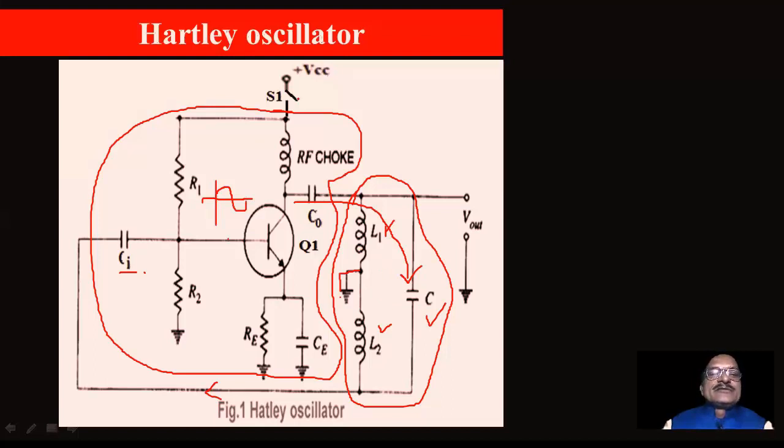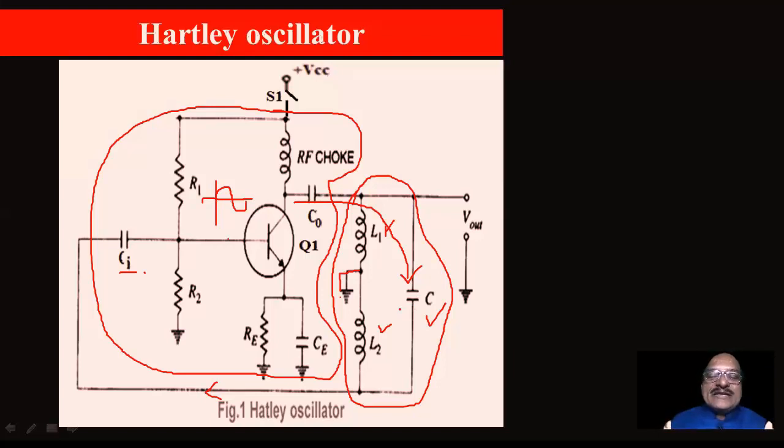What we are doing here: the electrical oscillations are produced by this tank circuit, as we have studied. When switch S1 is closed, the capacitor gets charged and it again discharges through L1 and L2. Again, the voltage developed across the capacitor is used to charge the capacitor. So the charging and discharging process of the capacitor starts, and electrical oscillations are produced. These are damped oscillations, as we have seen.